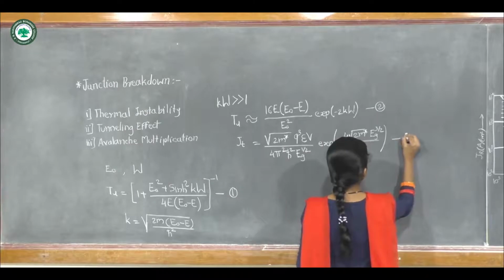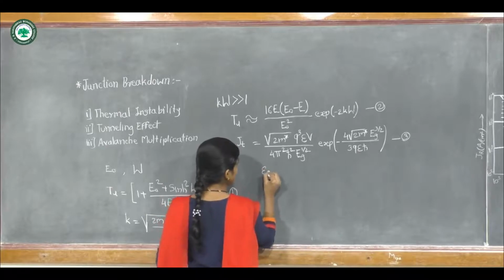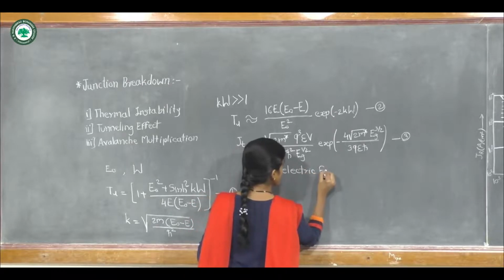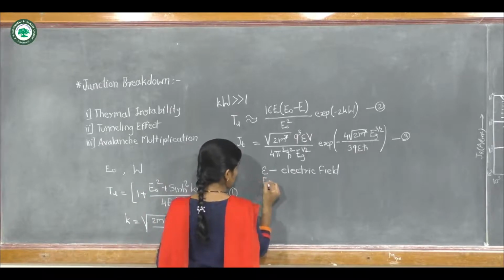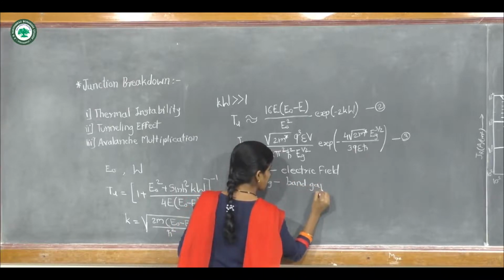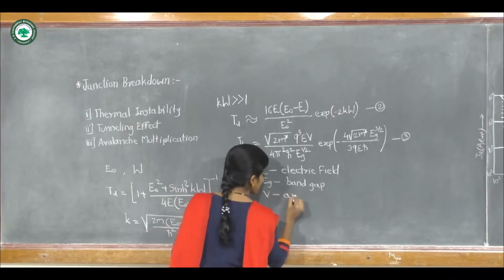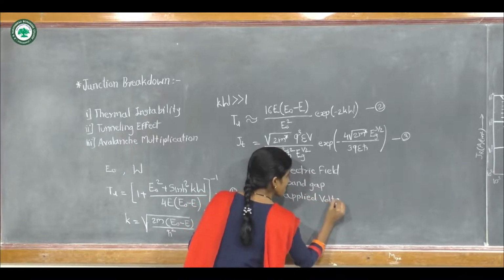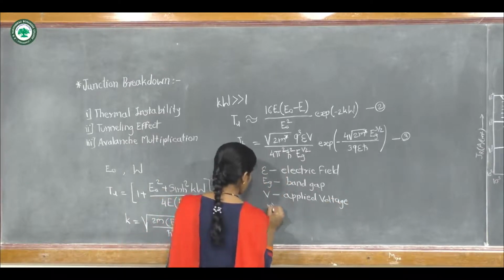So this is equation number 3, where epsilon is the electric field, Eg is band gap, V is applied voltage, and m star is effective mass.